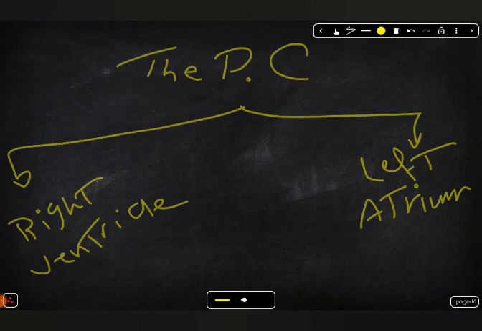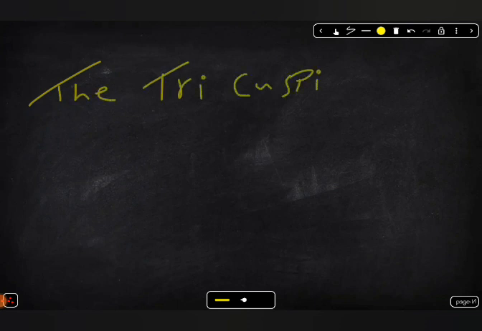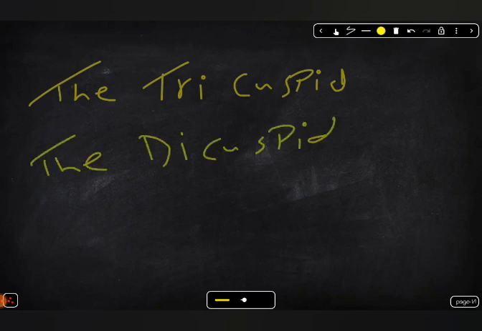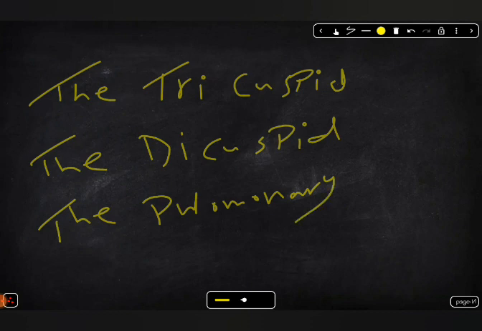Okay, and I will know the tricuspid, the dicuspid, the pulmonary valve.